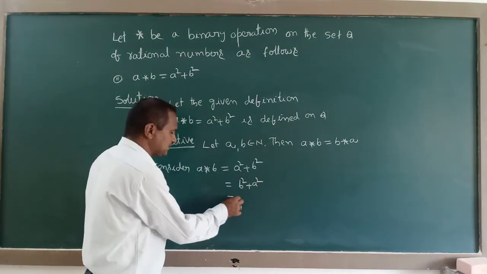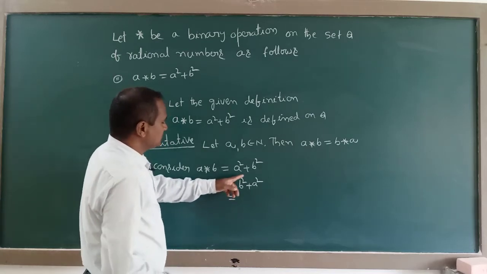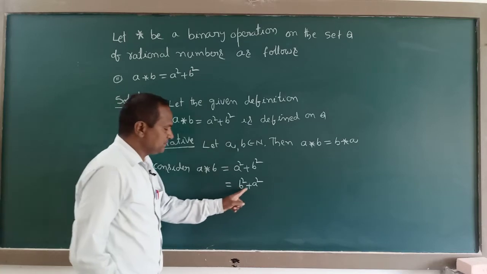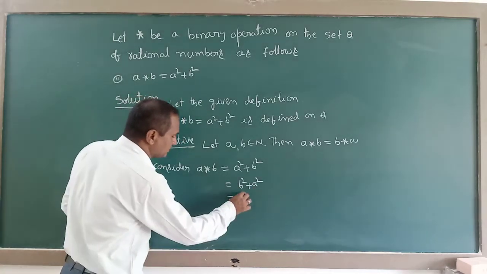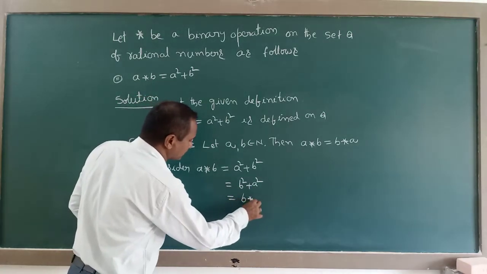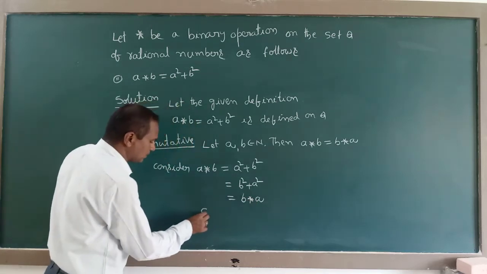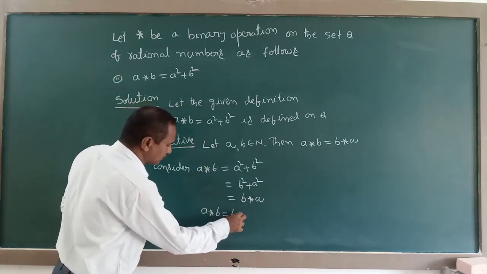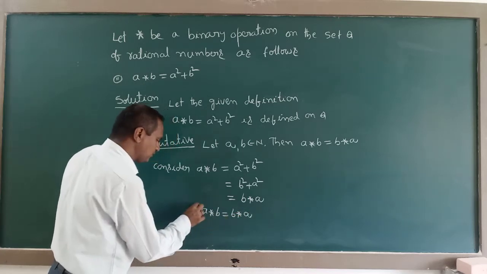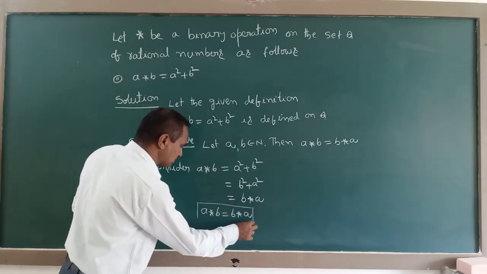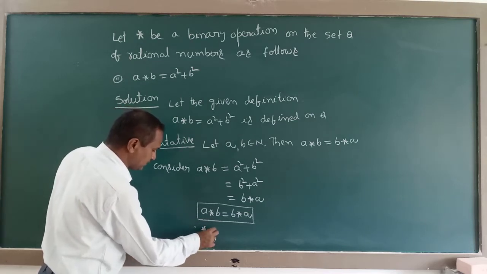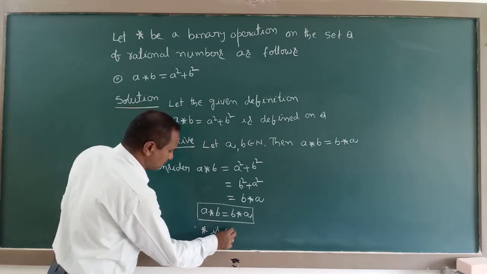For a square plus b square we have written a star b, and b square plus a square we can write as b star a. Therefore, we got a star b is equal to b star a. Therefore, star is commutative.